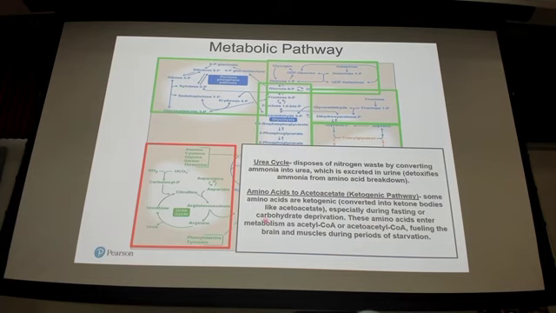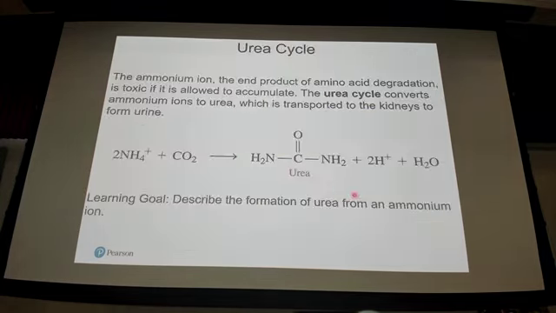We've already talked about how amino acids undergo the ketogenic pathway, just a small snippet, but the urea cycle is the way the body removes excess ammonia from the body. It converts that ammonia group into urea. This reaction occurs in the liver. The urea is transported to the kidneys for excretion as urine from the body.